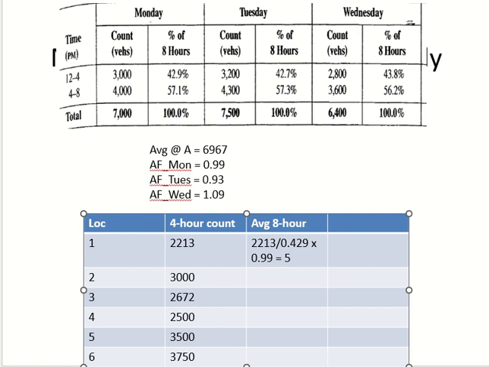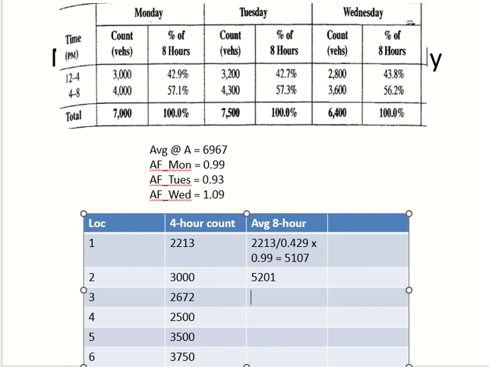What's the second one? This is 3000, Monday 4 to 8, right? So you pick the factor of Monday 4 to 8, which is 57.1, or 0.571. Divide by that factor, and since it is still Monday, multiply by the adjustment factor of Monday. This is how we got 5201.